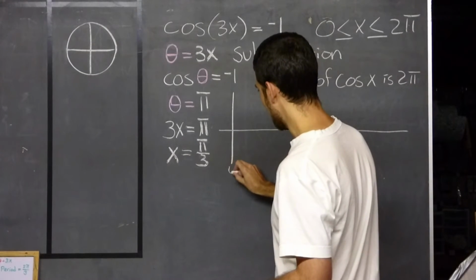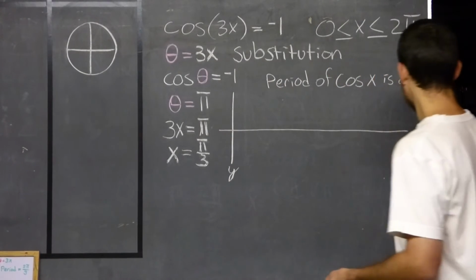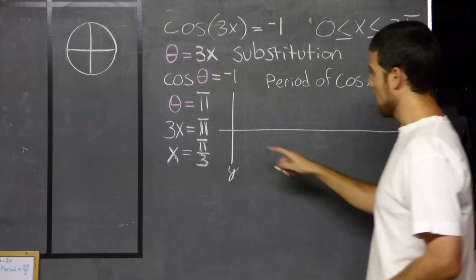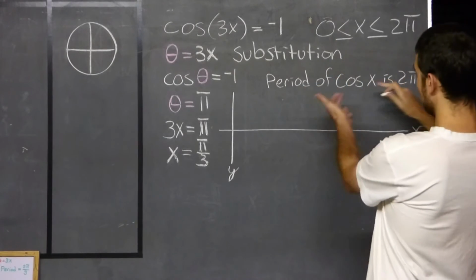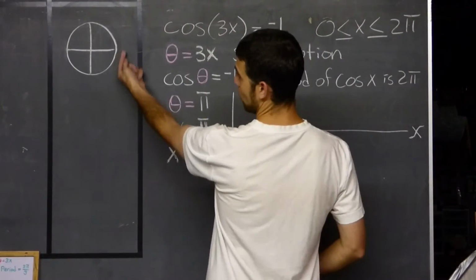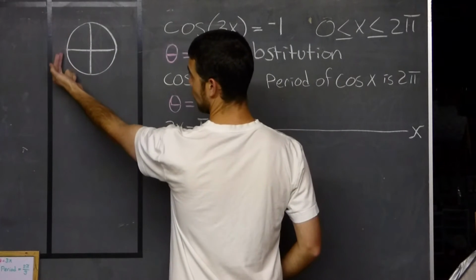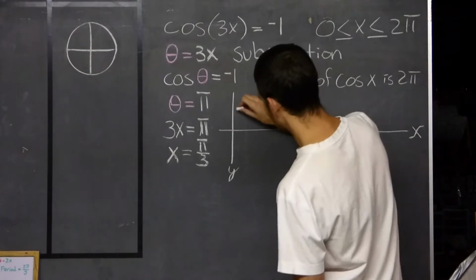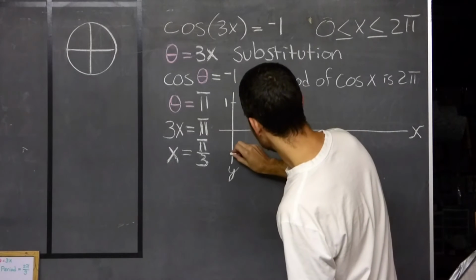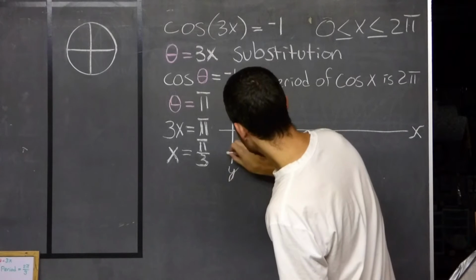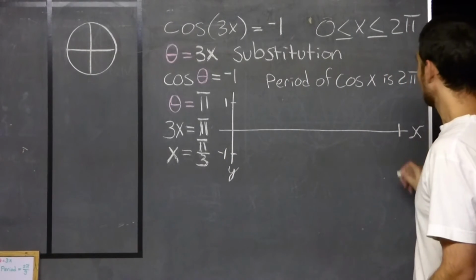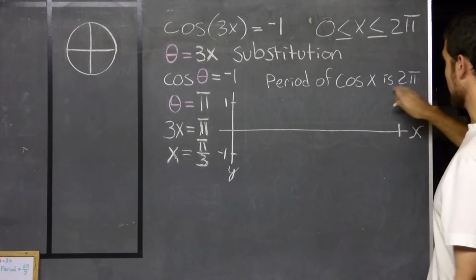So we have our y-axis here, we have our x-axis here, and we know that the range of a cosine function can't exceed +1, and it can't go below -1, so we'll have a range from 1 to -1, and we know our domain for one period of cosine x is 2 pi.